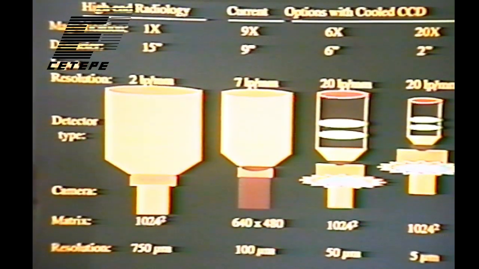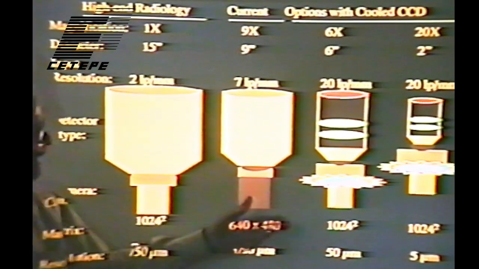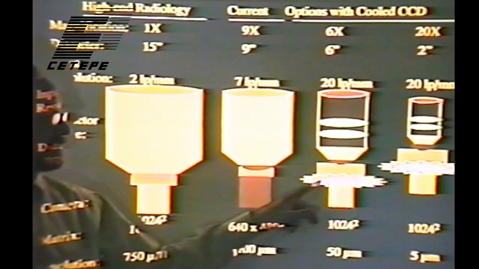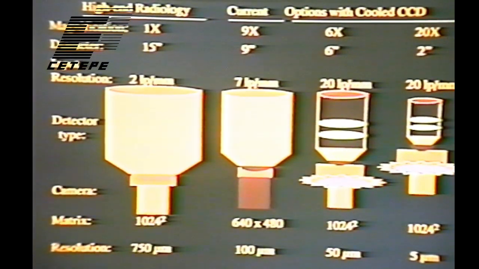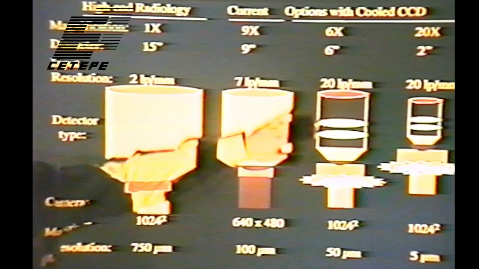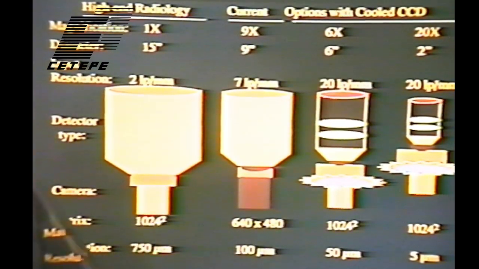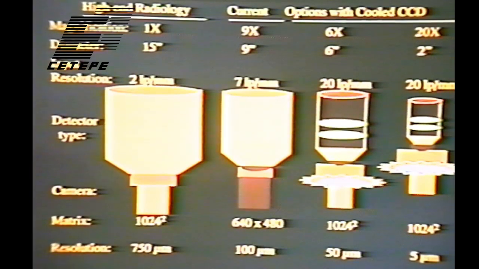But if you want to get rid of the image intensifier, to improve the spatial distortion and the noise, then you have to go to a cooled camera, which this here is supposed to indicate. These devices both have cooled cameras, and the only difference between them is that this one has a larger phosphor, so that the spatial resolution isn't so bad.